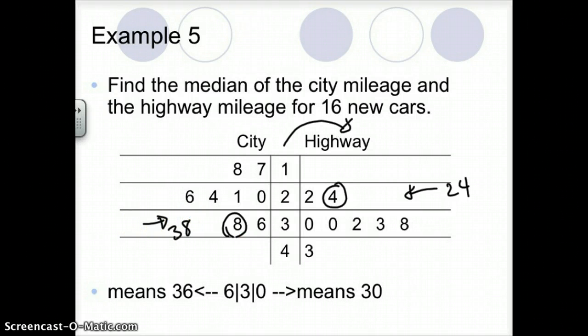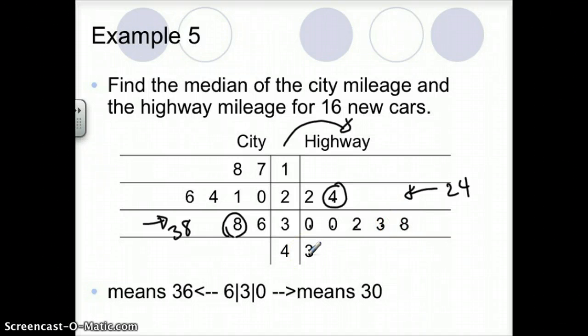Okay, if I'm trying to find the median, I know that there are these different cars, and I'm trying to find the median for the city and the median for the highway. So I'm going to try to count how many there are. In the highway, if I look here, it's 1, 2, 3, 4, 5, 6, 7, 8.